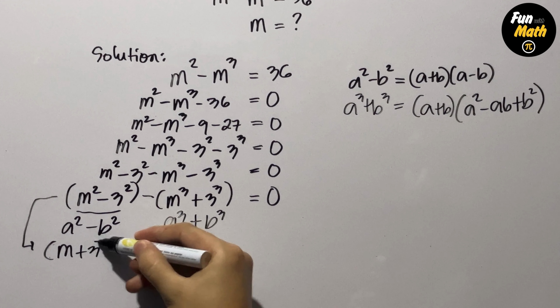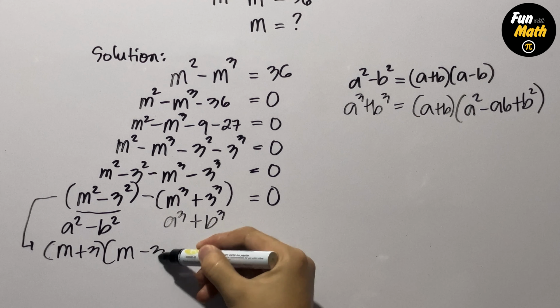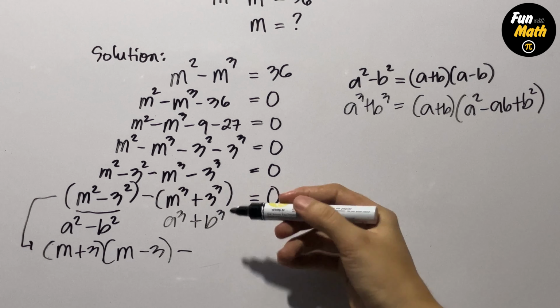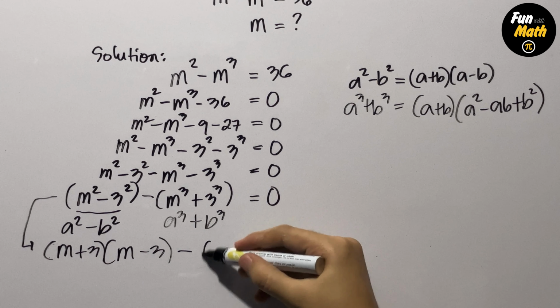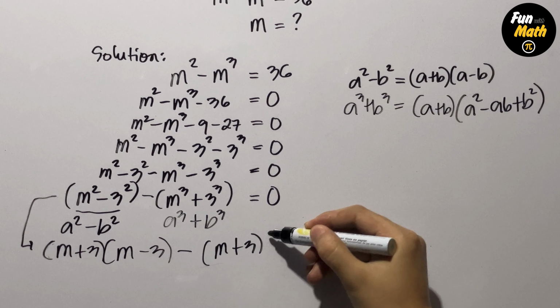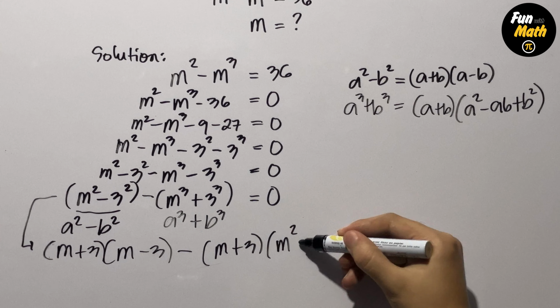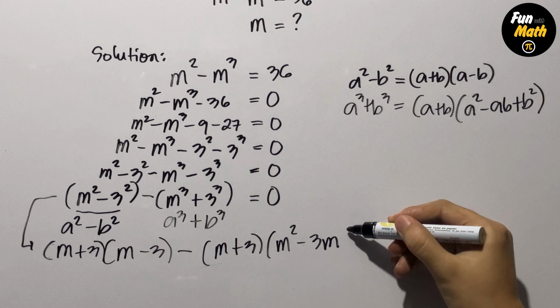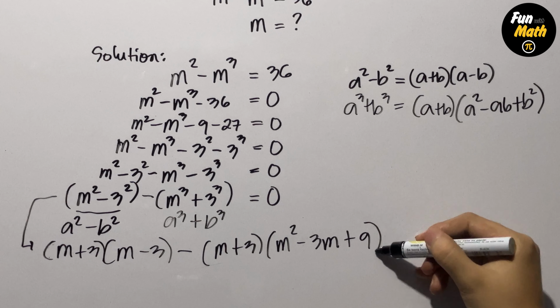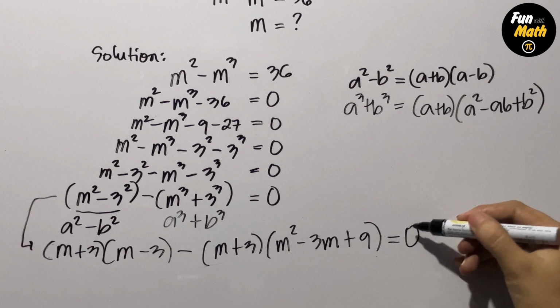So m plus 3 times m minus 3 minus m plus 3 times m squared minus 3m plus 9 is equal to 0.